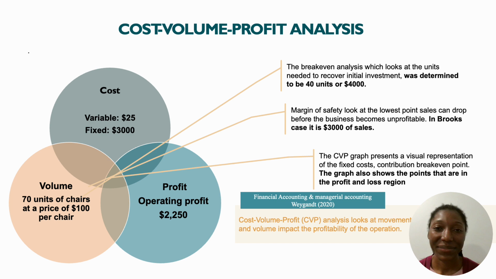This gave us $3,000, so Brooks had a margin of safety of $3,000 before the business became unprofitable. This information can be displayed on a CVP graph, which gives us a more visual experience of all this information, and it will be shown in the next slide.